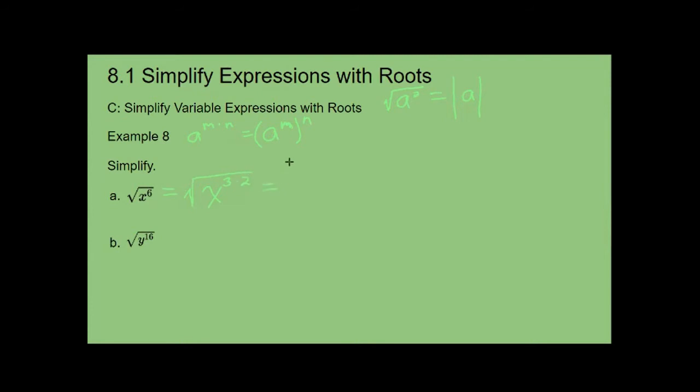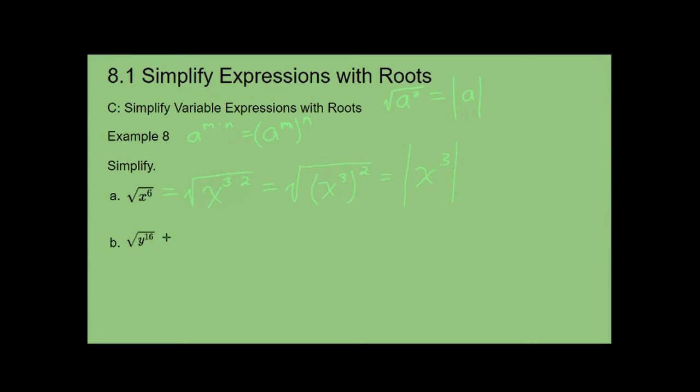And then from there, we can apply this rule, the square root of x to the 3 squared. That's how I got there. If you need to go through this step, write it out. Now we're taking the square root of something squared. When we do that, we just take the absolute value of whatever is squared. So we take the absolute value of x to the third. And that's how you do that.